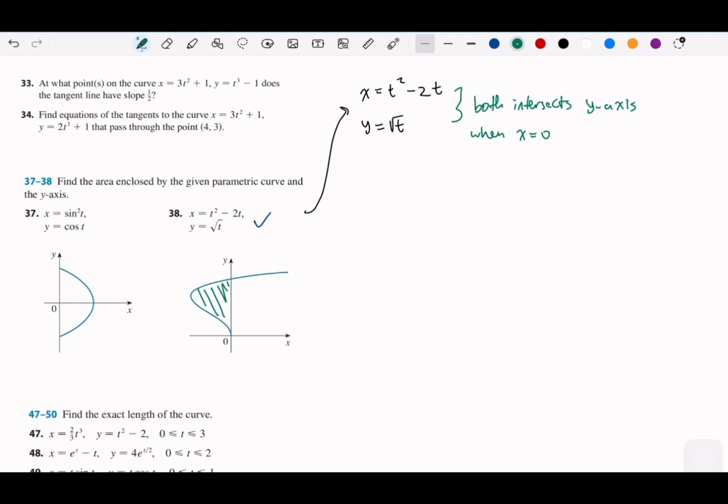See this, and then that. This is when x is 0. Agree? So when x is 0, from the parametric expression of x, we solve and find that we have two different t values. We have t equals 0 or t equals 2.